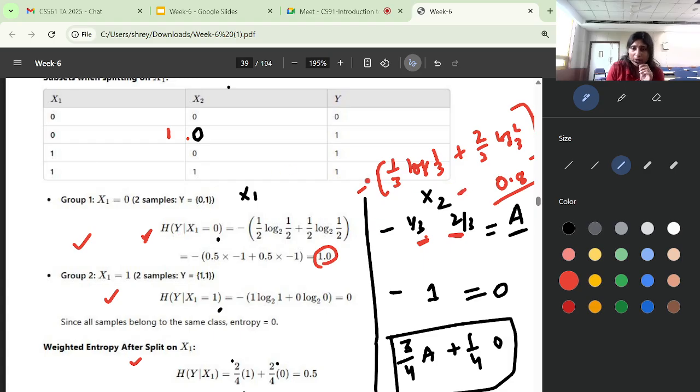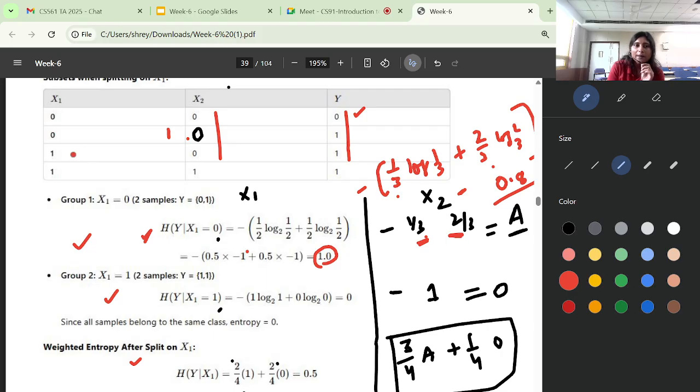I am talking about x2, right? So in x2, where x2 is equal to 0, these 3 rows are there. Here these 3 rows will be considered. Just give me the probability of 0 and 1 in these 3 rows. 1 by 3 and 2 by 3, ma'am. So that's why I have written 1 by 3 plus 2 by 3.